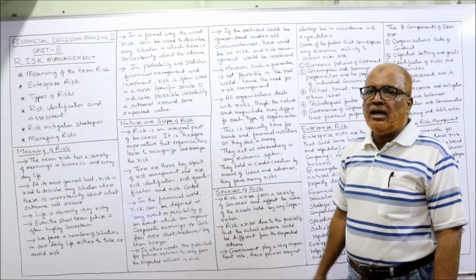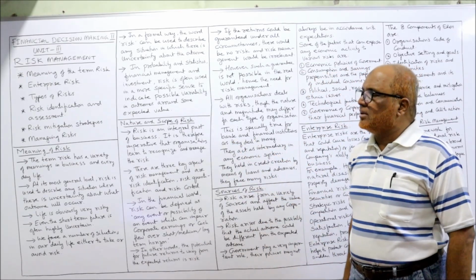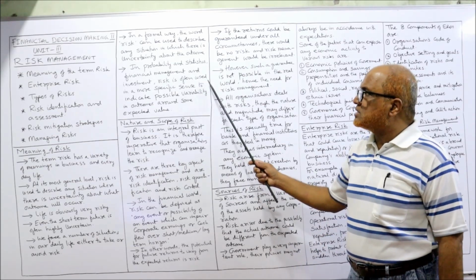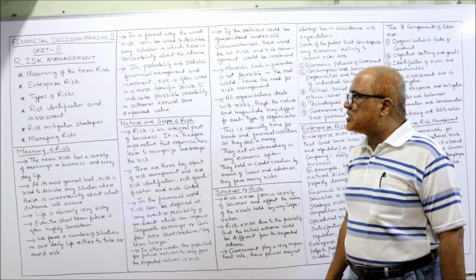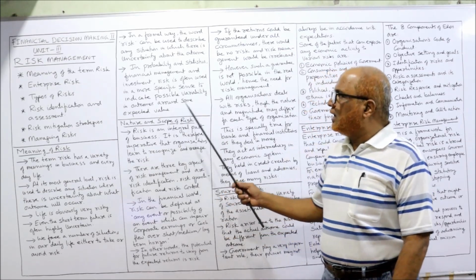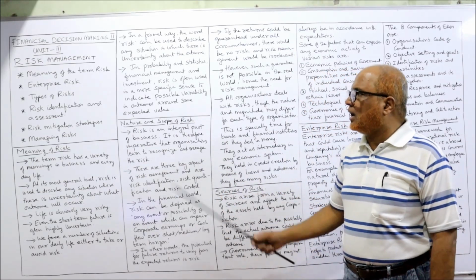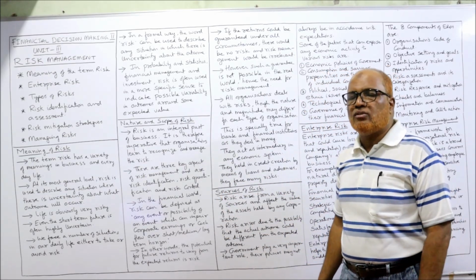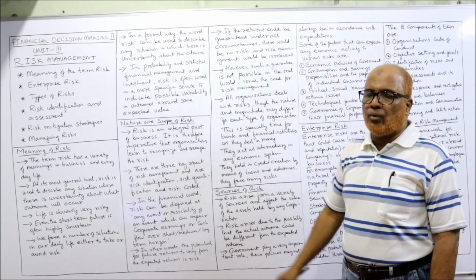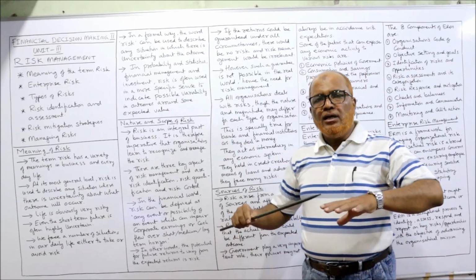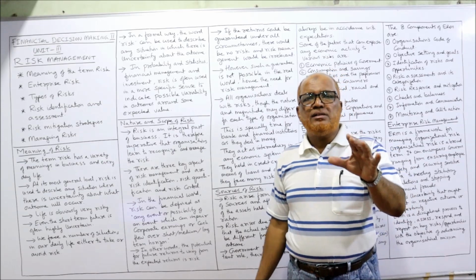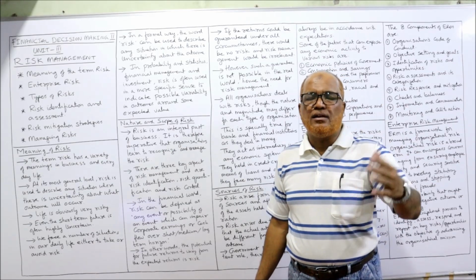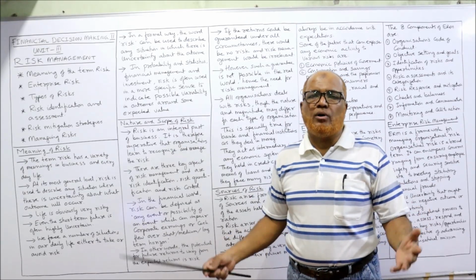Now in probability and statistics, financial management, and investment management, risk is often used in a more specific sense to indicate possible variability in outcomes around some expected value. This is very, very important. Now see here. In general terms, risk means a situation where there is uncertainty about the outcome of the event.